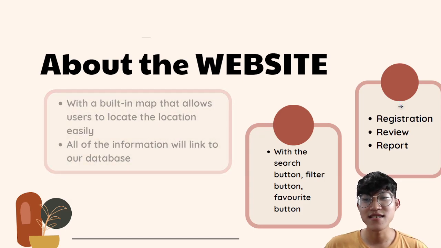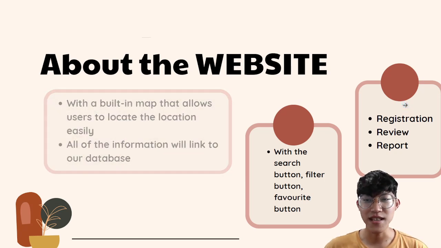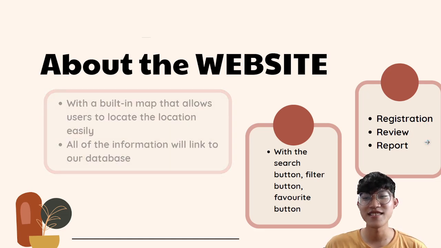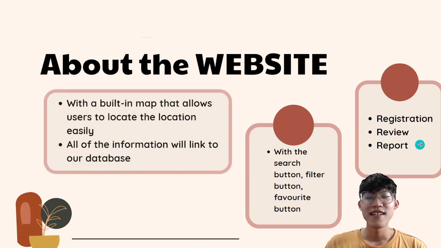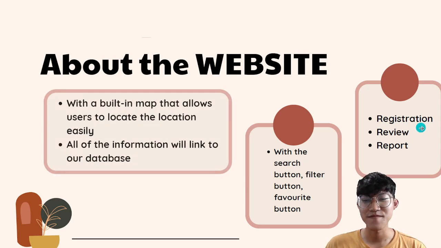So they can register and enter the details of the public charging establishment and send it to our admins. Secondly, our admins will review and determine the validity of the registered location before agreeing and putting up the location onto the website.